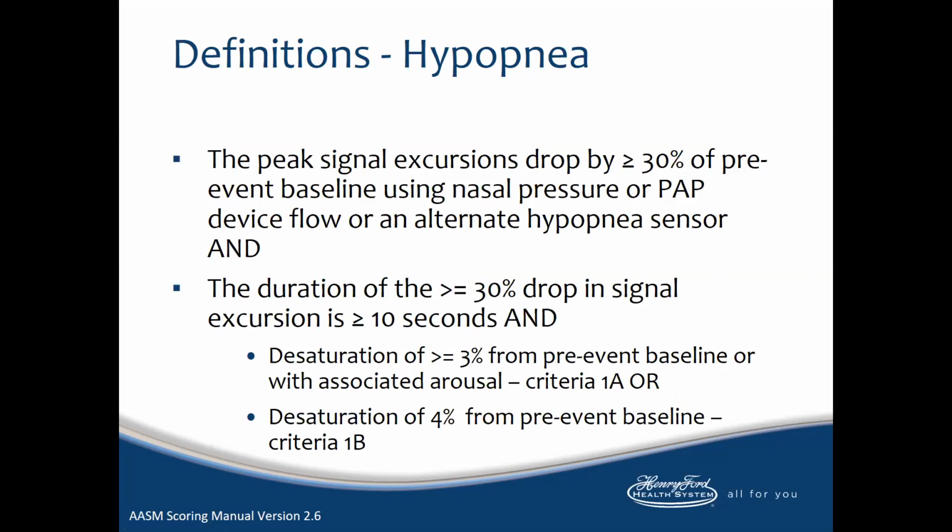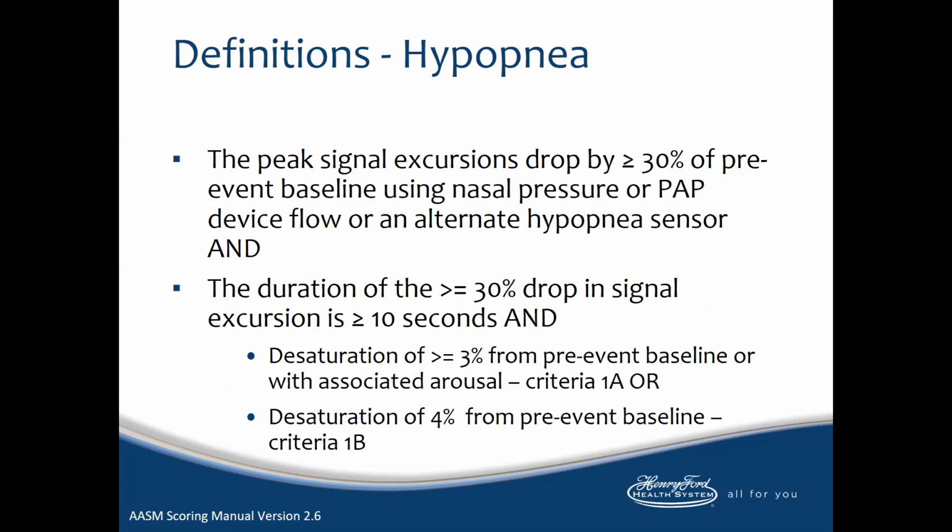We also discuss hypopneas that you'll see in terms of the reports of sleep studies. So this does get defined as a peak signal excursion drop by greater than or equal to 30% of that pre-event baseline measured with the thermosensor or the nasal pressure device flow or some alternate hypopnea sensor, but it's also associated with that 30% drop in signal for 10 seconds.